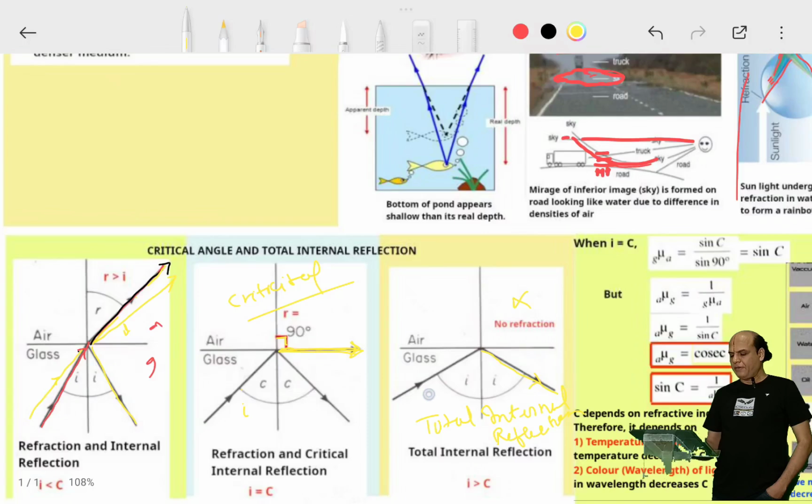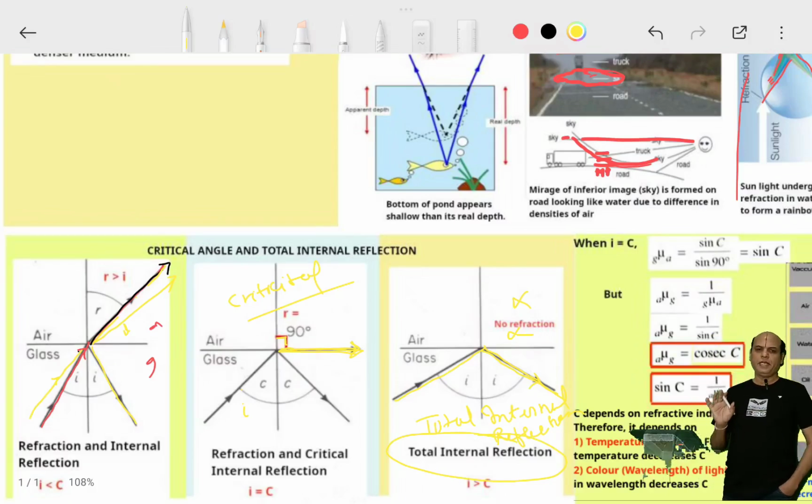But when the angle of incidence is increased beyond the critical angle, there is no refraction that takes place, but the entire light is reflected in the first media itself. So this is the incident ray and this is the reflected ray. There is no refraction. This phenomenon is called total internal reflection.